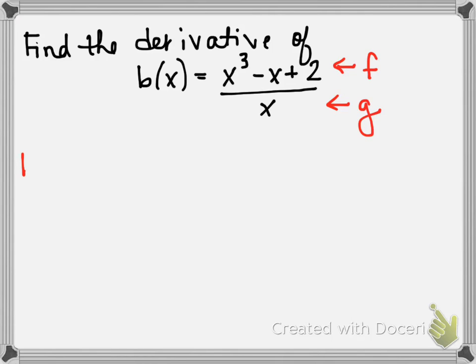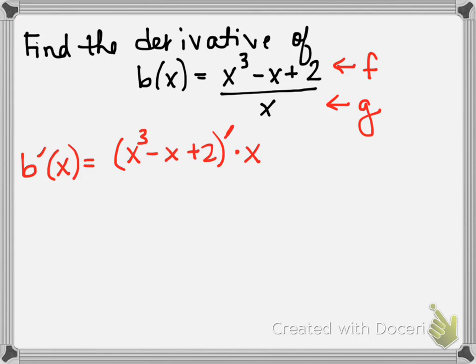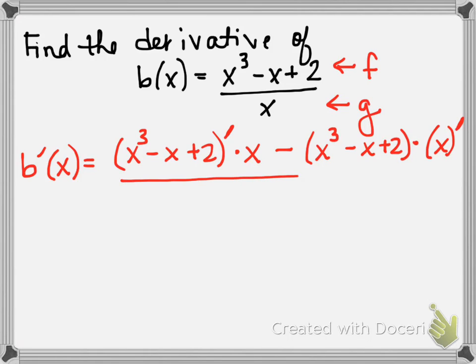So if I want to take the derivative of b of x, I'm going to take the derivative of f, so the derivative of x cubed minus x plus 2, times g, what I get when I just leave g alone, minus, now I'm going to take f, x cubed minus x plus 2, leave it alone, times the derivative of g, so times the derivative of x, all divided by the denominator squared. The denominator here is x, so that's what I'm squaring.